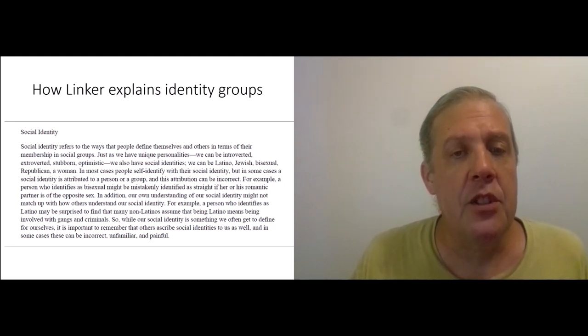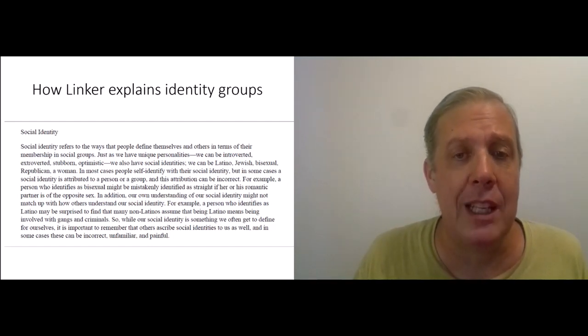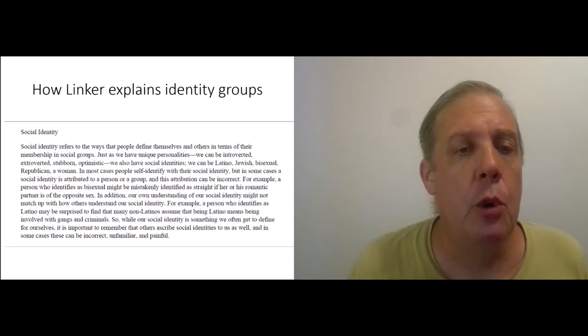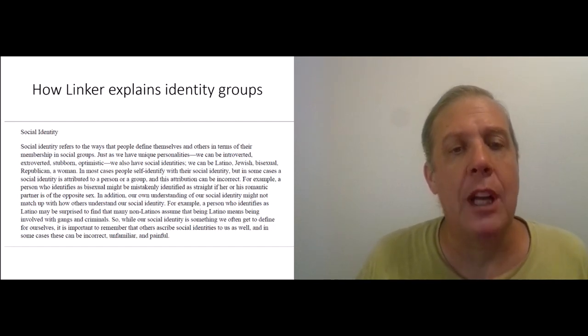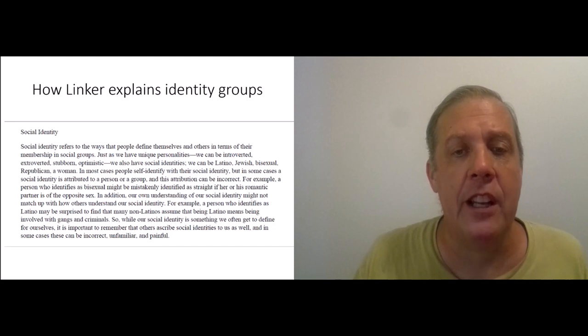In most cases, people self-identify with their social identity. But in some cases, social identity is attributed to a person or group, and this attribution can be incorrect. For example, a person who identifies as bisexual might be mistakenly identified as straight if his or her romantic partner is of the opposite sex.